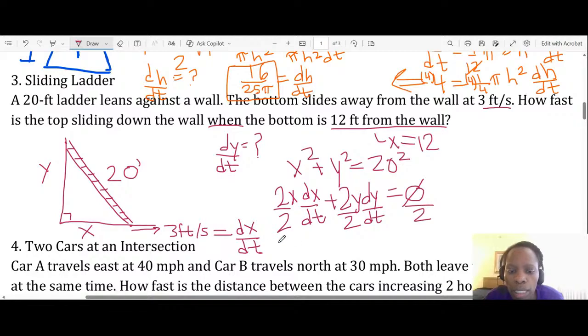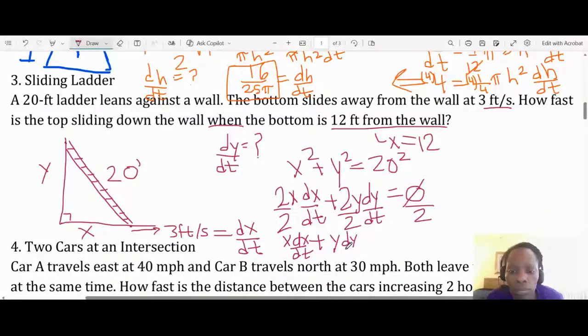And we're left with x dx/dt plus y dy/dt equals 0. So we'll move x dx/dt over to the other side and divide by y.